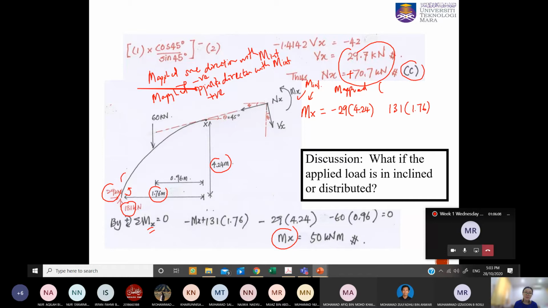Now it is acting about x clockwise, so it is opposite to the internal moment, so I put a positive moment. Then the 60 kilonewton, the distance will be 0.96, and it acts about x counterclockwise, same as my internal moment, so I also give a negative here. Once you solve it, it will be my Mx internal moment, which is 50 kilonewton meter.